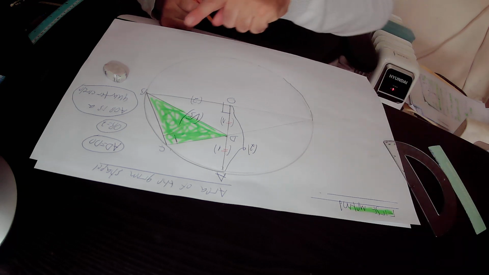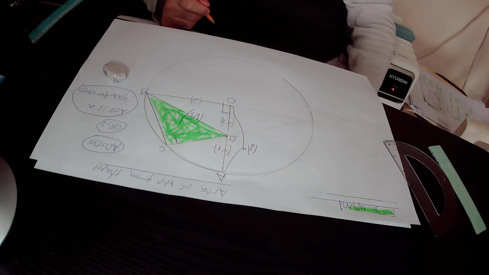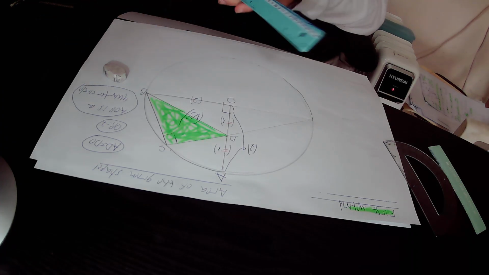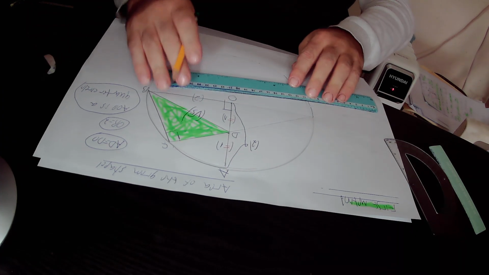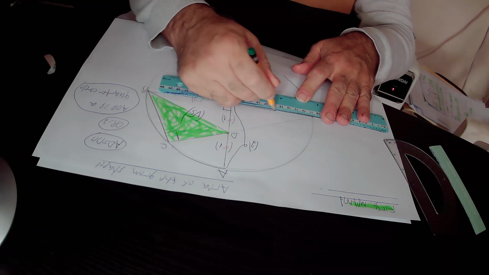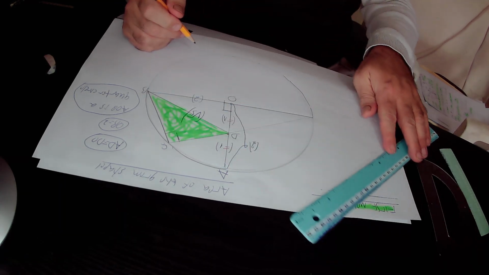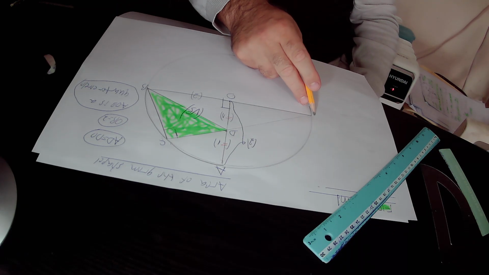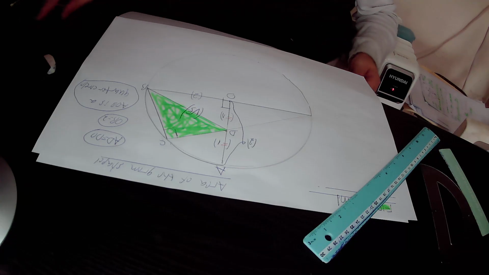And we will extend the radius BO by a straight line until it touches the circle. We will define the touching point of the extended radius BO with this circle. This point is point P.